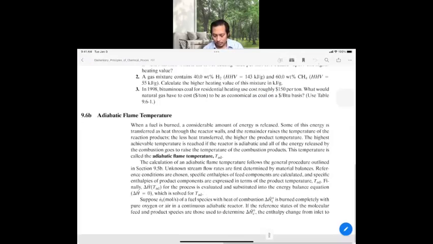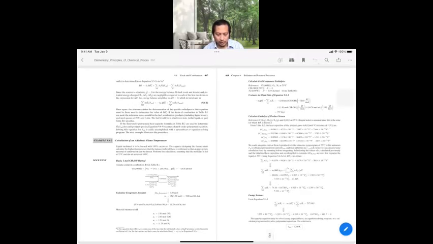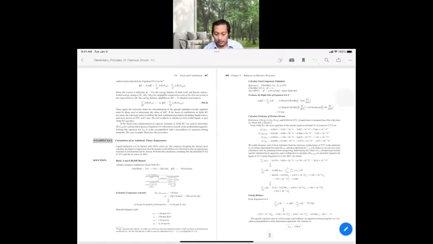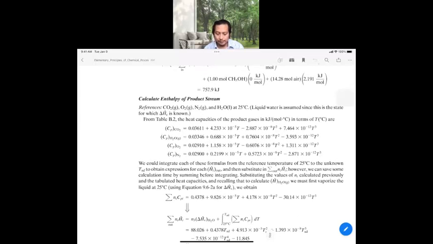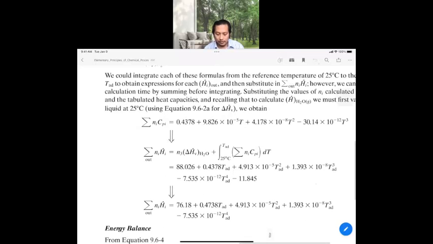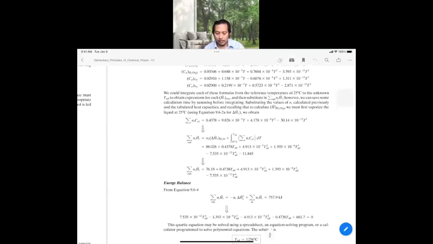Let me just show you some part of it. So the adiabatic flame temperature. This is similar to what we did before, right? We check the heat capacity, and later on we are going to define this T as our T adiabatic. So it becomes the T adiabatic that we are going to find through some calculations.